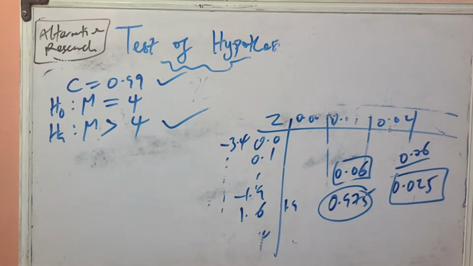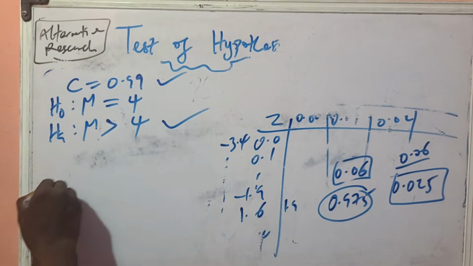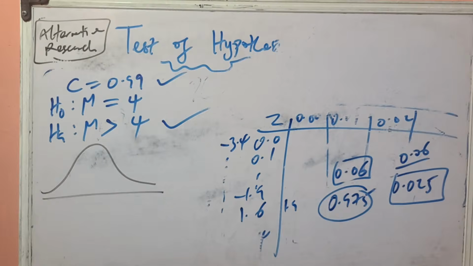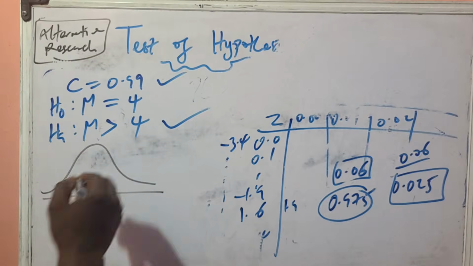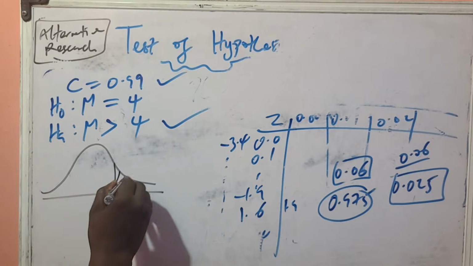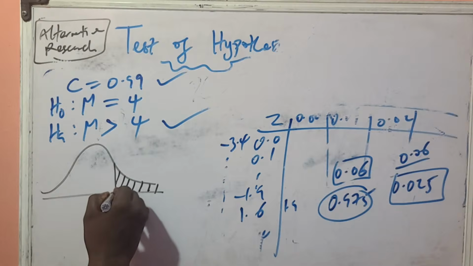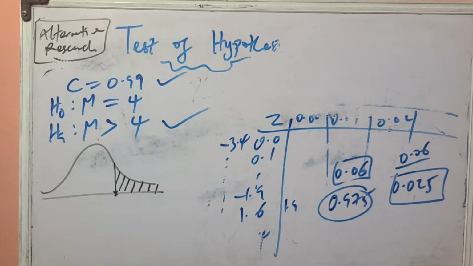So for the very first question, we're dealing with this, obviously. And of course, this is a right tail test. So we're going to have a scenario like this. So we want to find the Z score for this, which is obviously going to be the critical value.